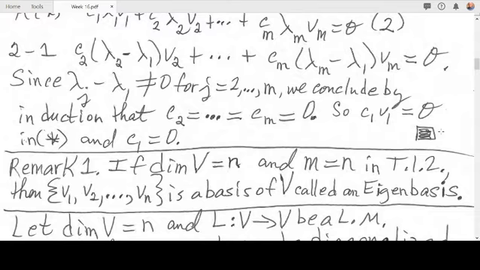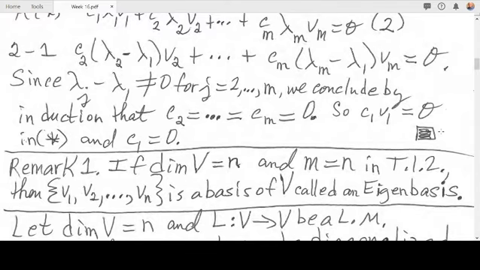Hence, c1 v1 is also 0, and that necessarily means that c1 is also 0. So that concludes the proof. So whenever you have a set of eigenvectors and they correspond to different eigenvalues, they are linearly independent.